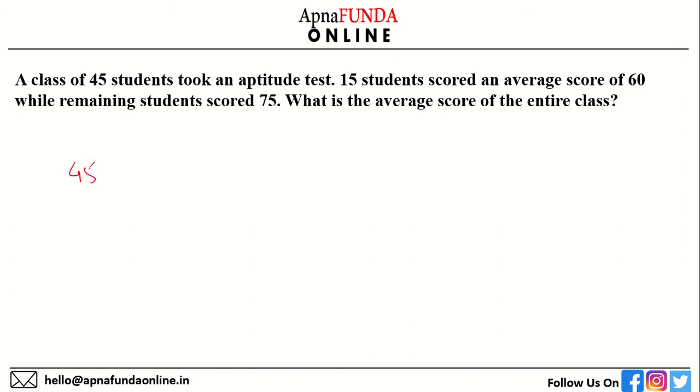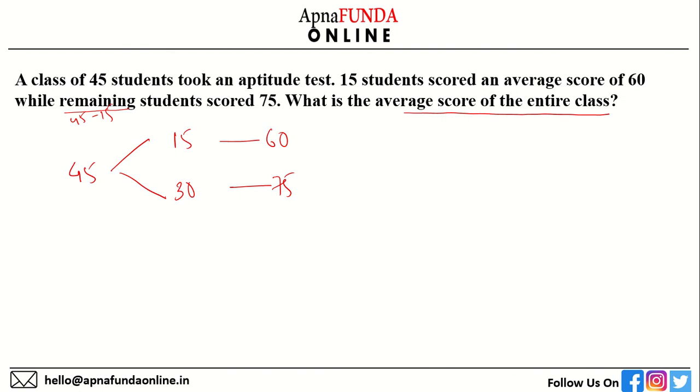So 45 students, there are 15 students who scored an average of 60, and the remaining, 45 minus 15, which is 30 students, scored an average of 75.